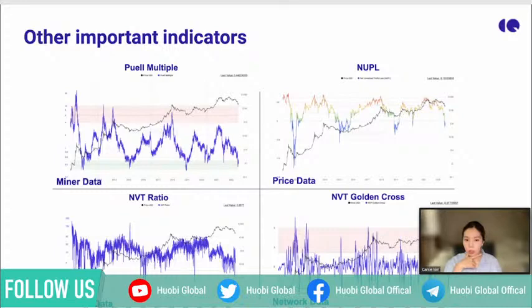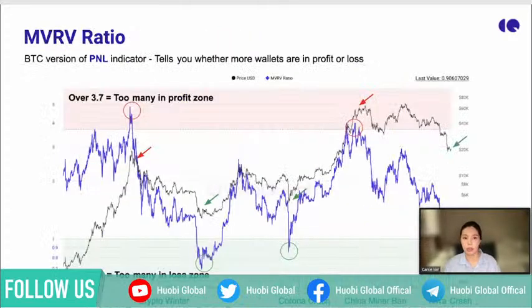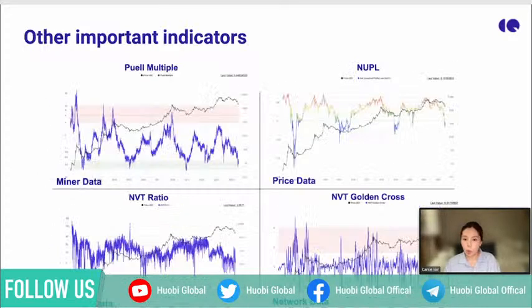And next, I talked about cohort data, where you can see specific investors or specific wallets' movements, whether it's long-term holders, short-term holders, or whale wallets. And the last one was the indicator, and the most important, MVRV ratio. So these are the data that I talked about today, and I think you can still use them in your trading.